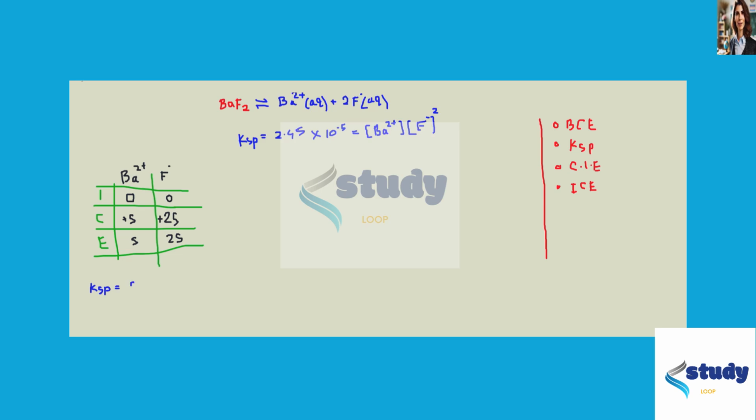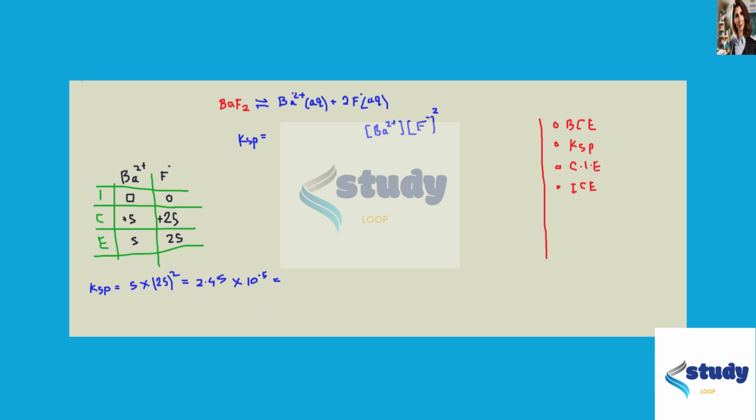So we will put S times the concentration of fluoride, that is 2S, but we need to square it because of this square. And this value should be equal to this value here.